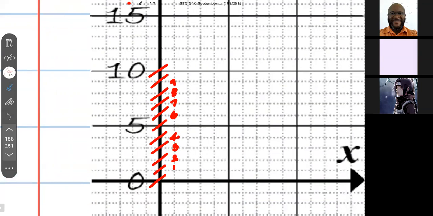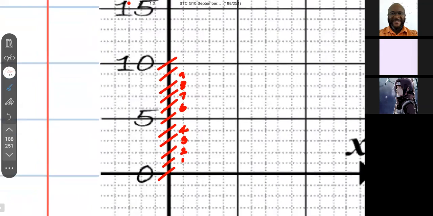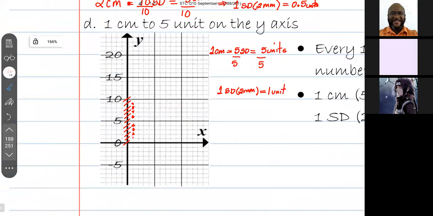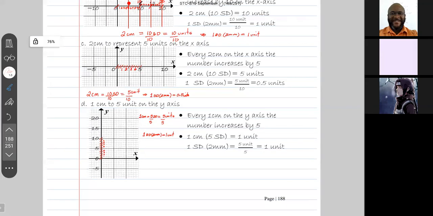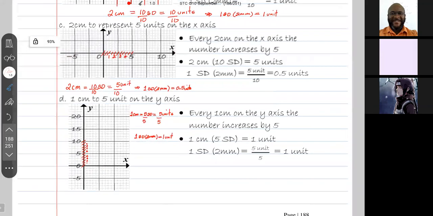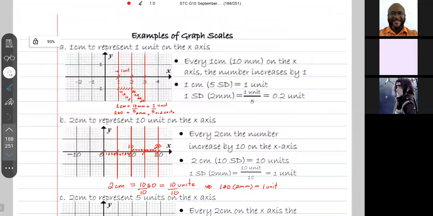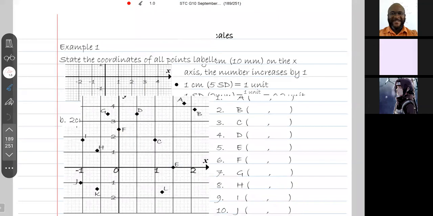All right, and it's very, very important, especially for things like reading coordinates, that you be able to do this and do it very quickly. Whether you have to work it out or you can just simply look at it and tell, which you should be able to do. All right, let's see if there are any others. All right, no, there isn't.